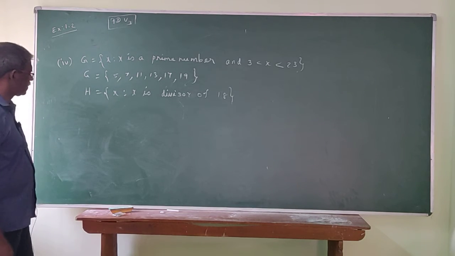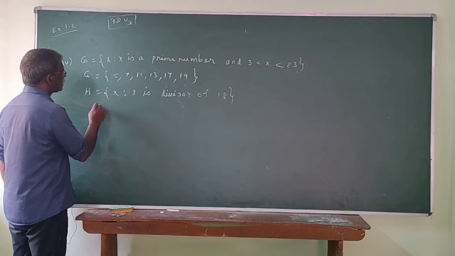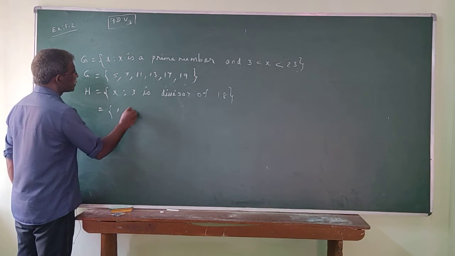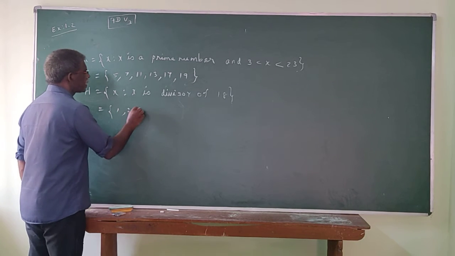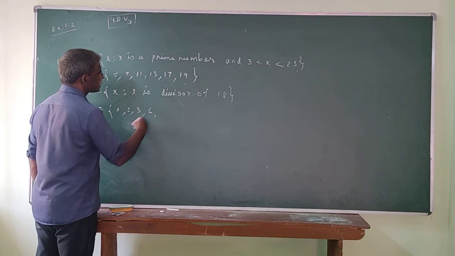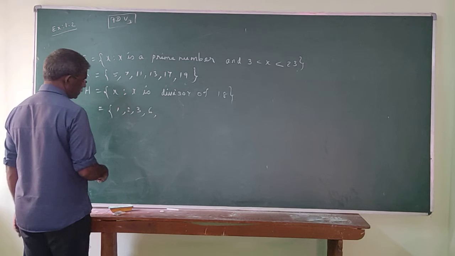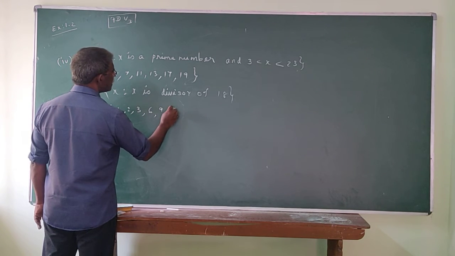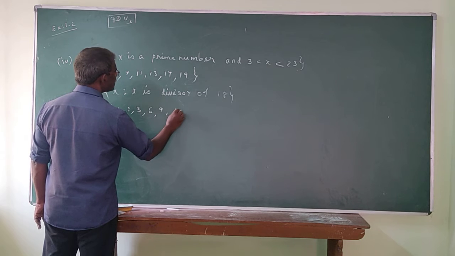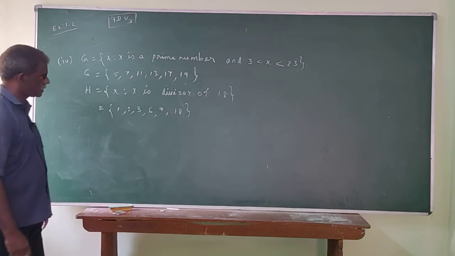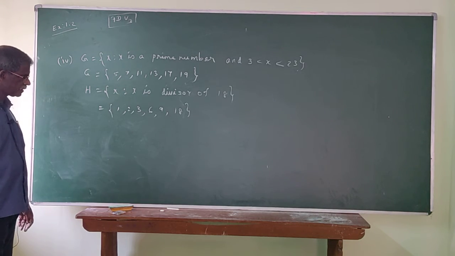So what are the divisors of 18? H is equal to {1, 2, 3, 6, 9, 18}.